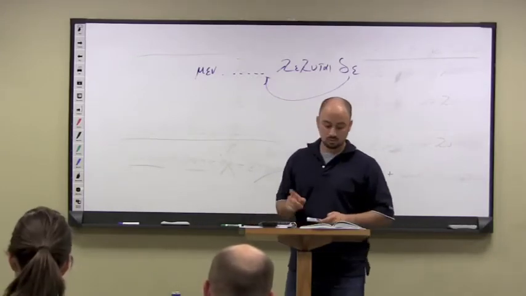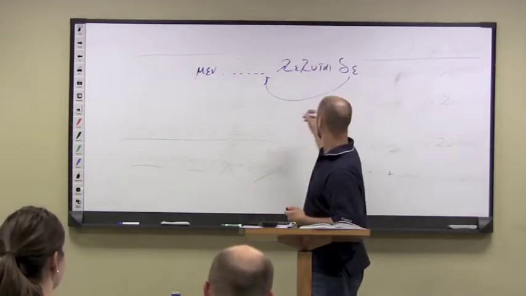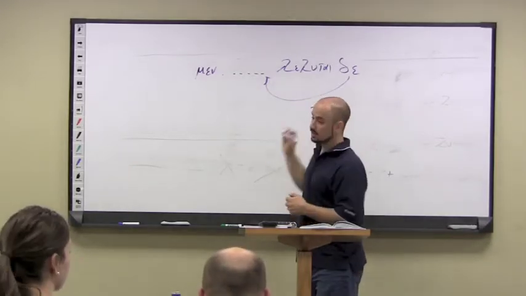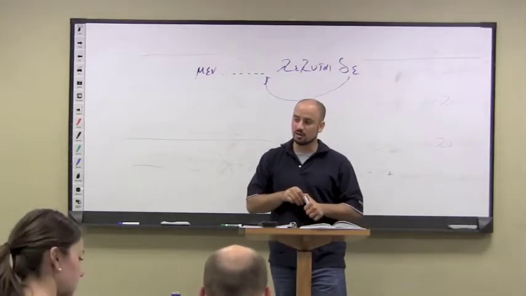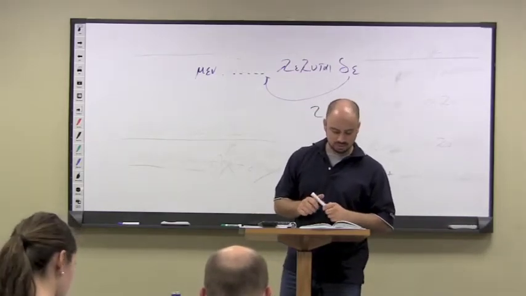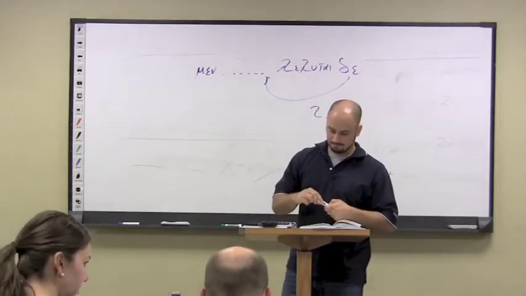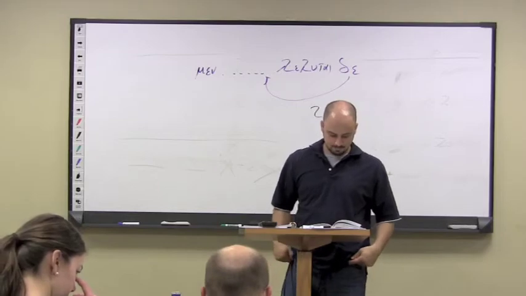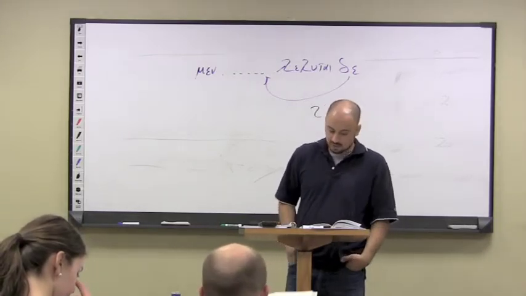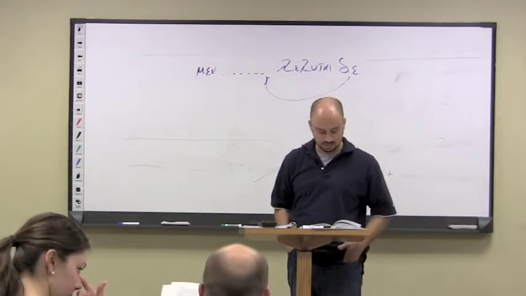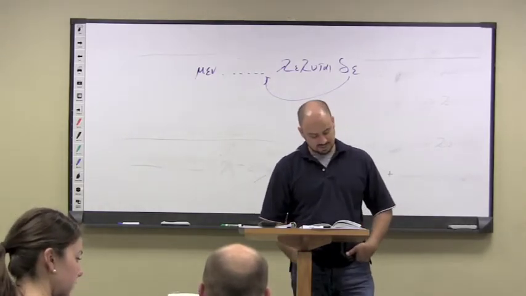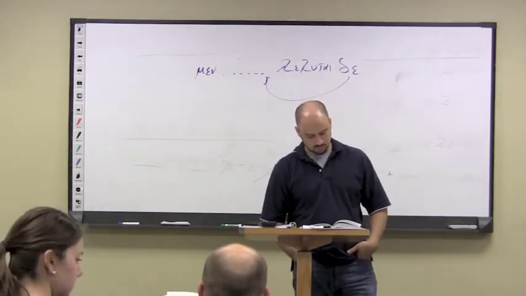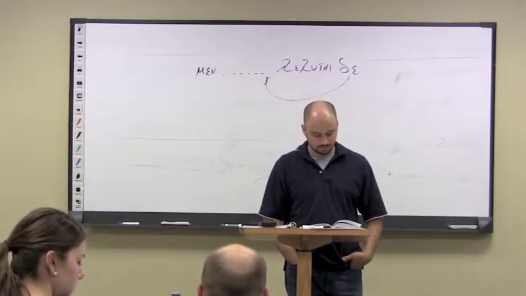So, will be loosed by the master? Have been. You have the reduplication of the first letter. But everything else is great. You just got the tense off. So therefore, the slaves have been loosed by the master.